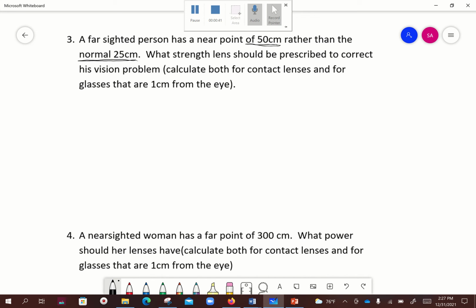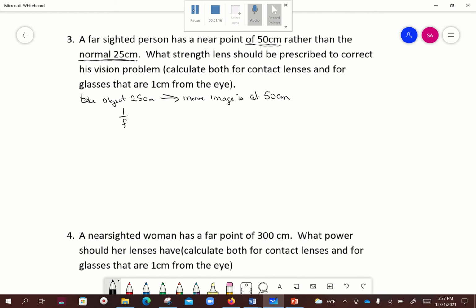So what happens with a far-sighted person is you want to take an object that's 25 centimeters away and you're going to move it so that the image is at 50 centimeters away. So you want the person to be able to hold the book the proper distance away, but their glasses are going to make an image of it 50 centimeters away so that their eyes will actually be able to read it.